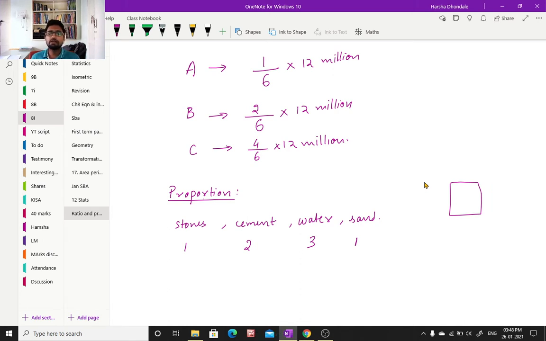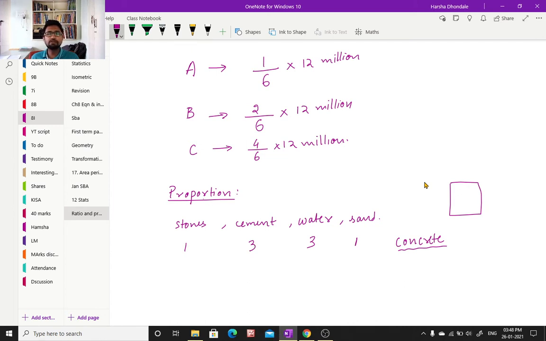And then I mix all this and I get a concrete of a certain strength, concrete which has a certain quality, certain characteristics. Let us say this concrete takes 1 day to get set, and it will have a certain strength after it gets set. Now if I change this, instead of 2 bags of cement, let me say I use 3 bags of cement.